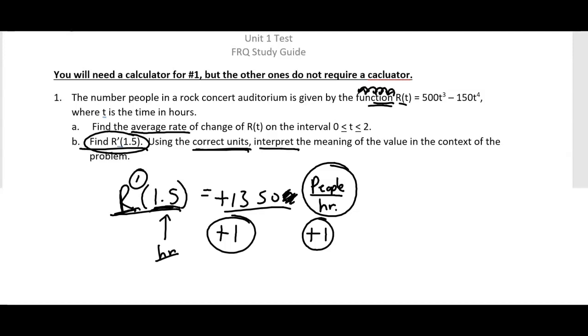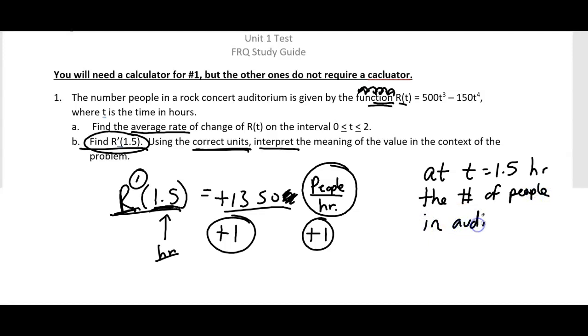So the proper interpretation of this outcome is that at t equals 1.5 hours, there's my input units, the number of people in the auditorium is increasing. That whole sentence there is my context. We're talking about the number of people and whether it's increasing or decreasing.